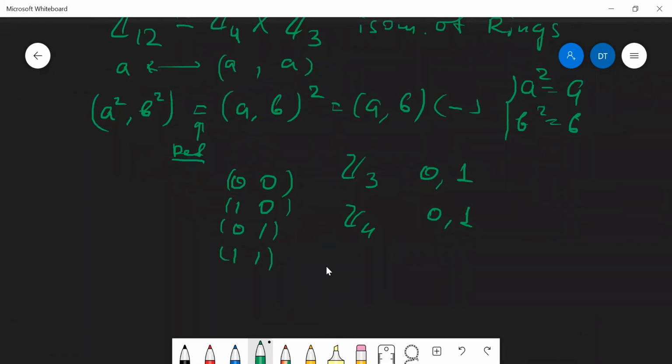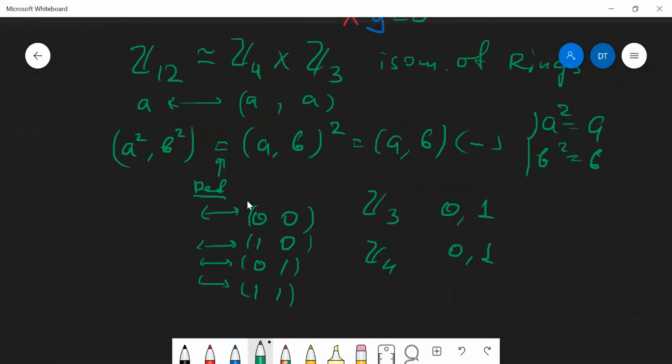And now we just need to find the elements corresponding to these ones. And how do we do that? Well, in the previous seminar, we discussed the method. We just need to find the greatest common divisor of 4 and 3, represented as a sum with some coefficients.